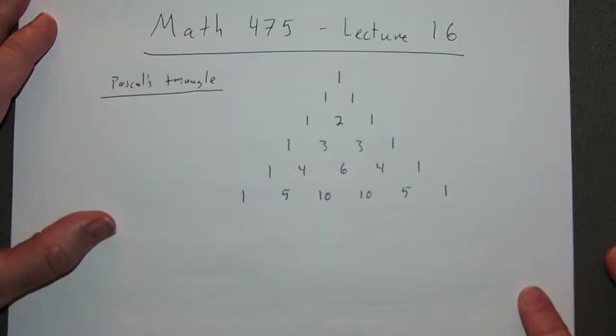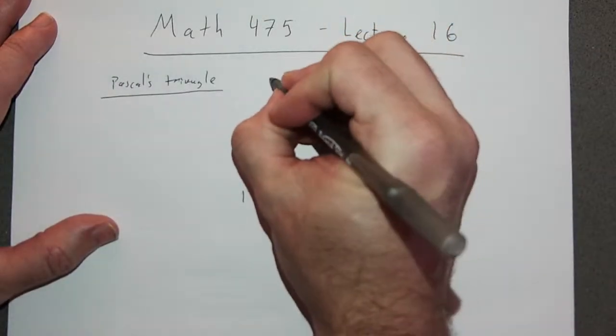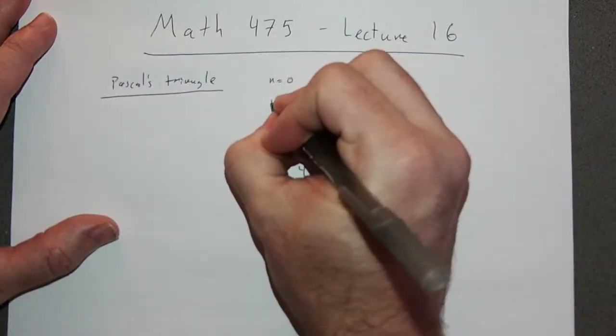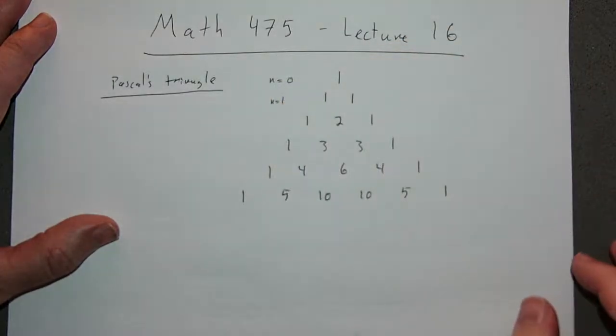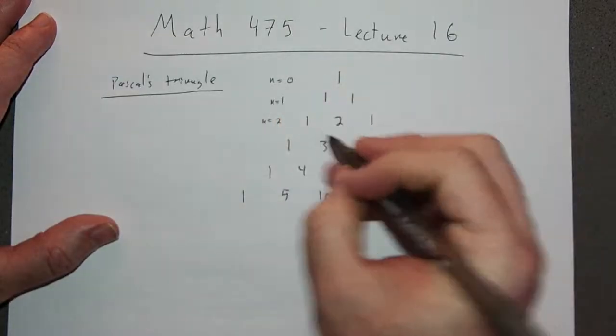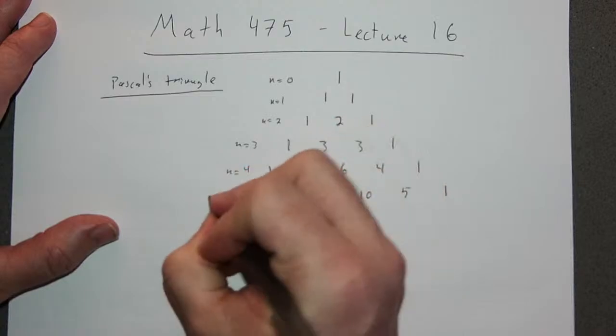So, how to read this? At each level, this is the n equals 0 level. This is the n equals 1 level. This is the n equals 2 level, n equals 3, n equals 4, and n equals 5.